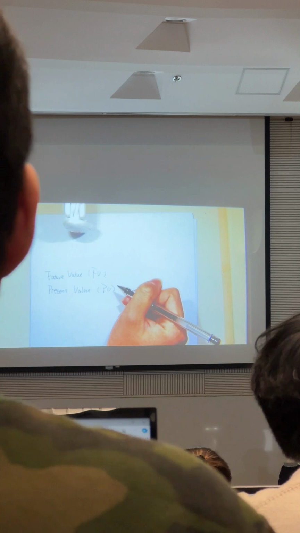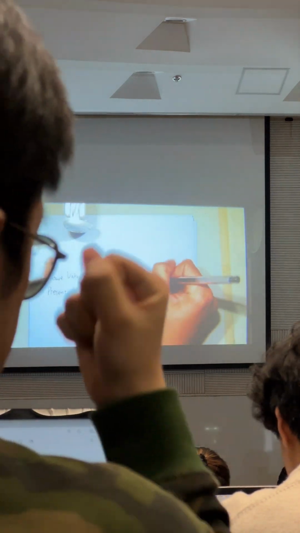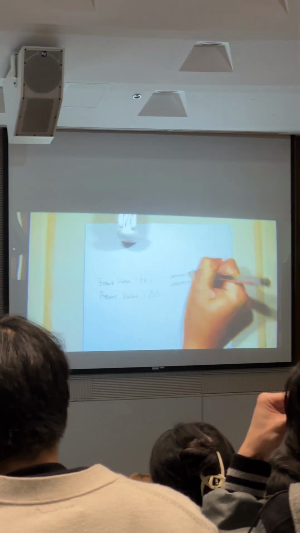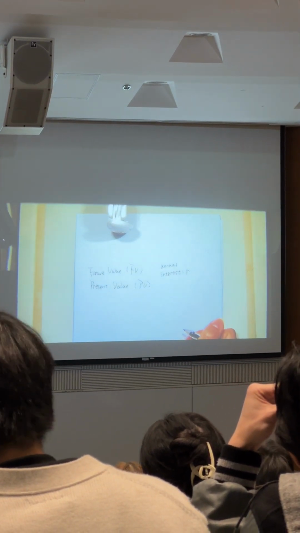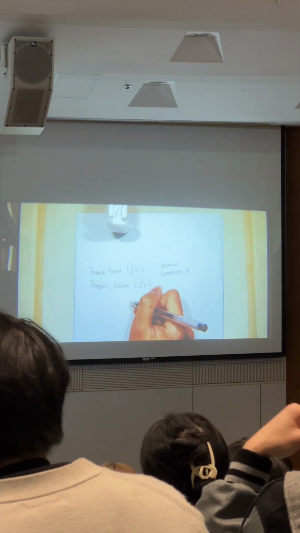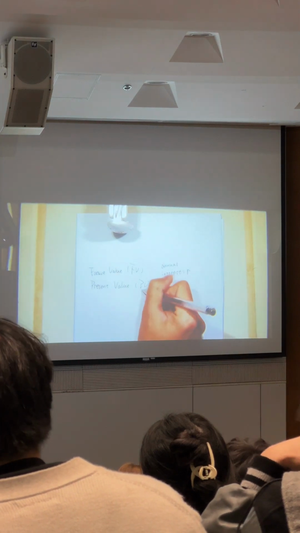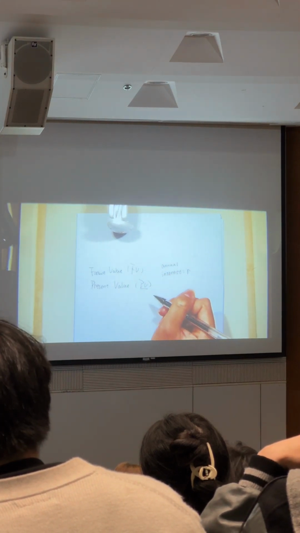And then we have our interest R, right? So this is the annual interest R, and so your present value is your principal.